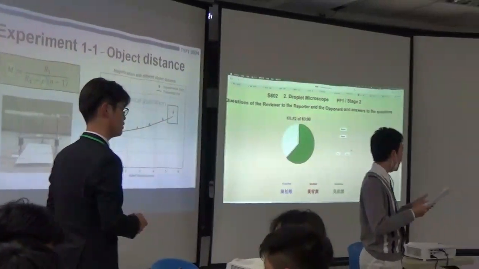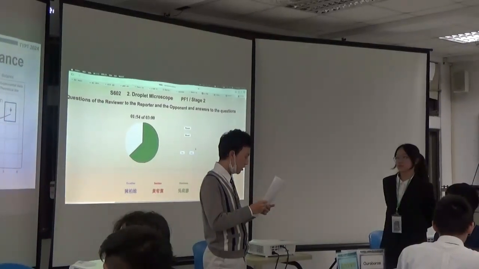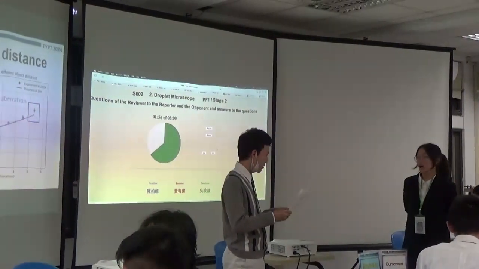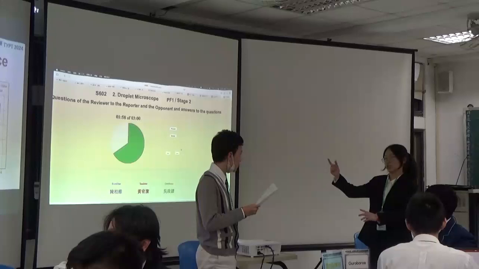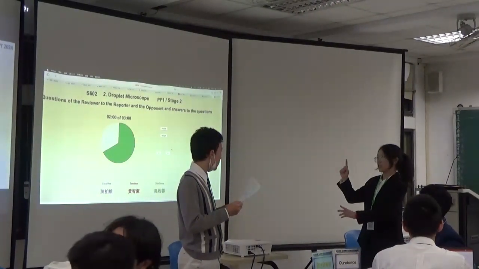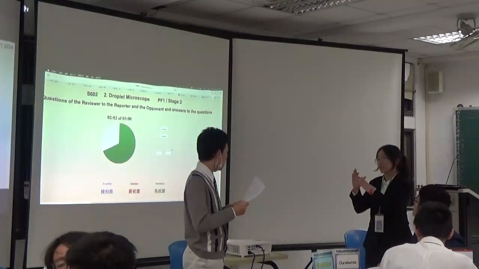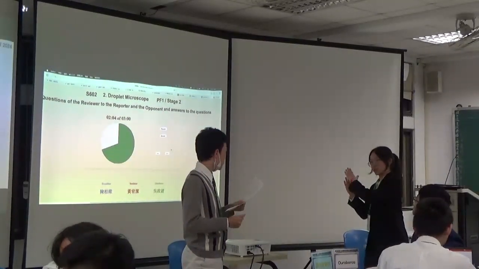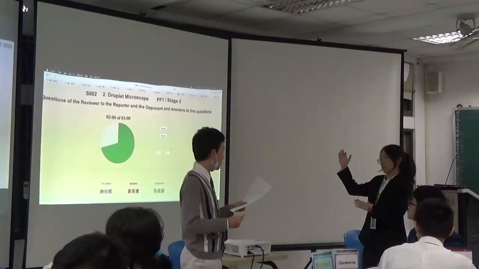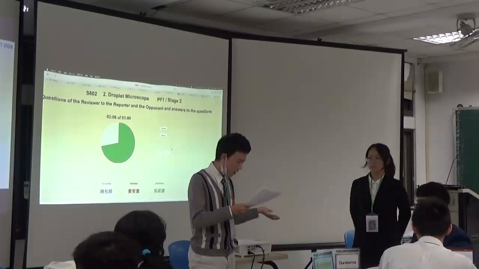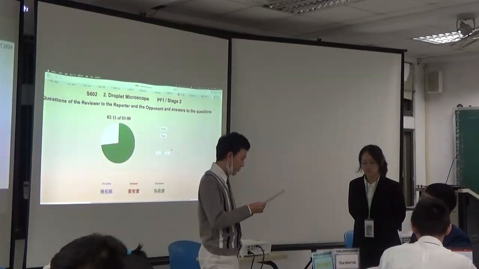Okay, then what do you think? I think it's because of the focal length. You think focal length affects more? Yes. Can you explain? Just like he says, when the object distance increases, the magnification will increase. And when the object distance increases in the virtual imaging, it gets closer to the focal length, so the magnification will increase.